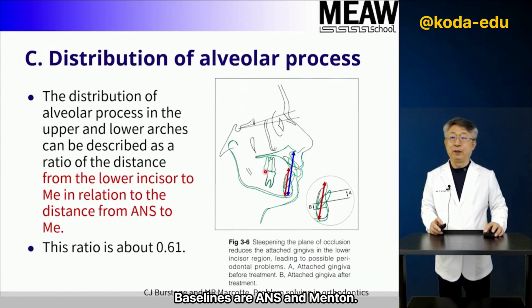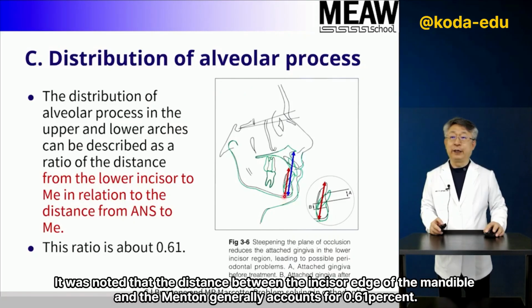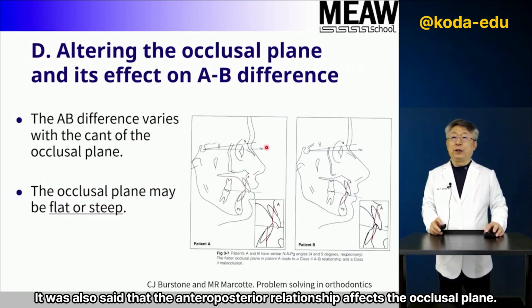Baselines are in S and Menton. It was noted that the distance between the incisor edge of the mandible and the menton generally accounts for 0.61%. It was also said that the anteroposterior relationship affects the occlusal plane.